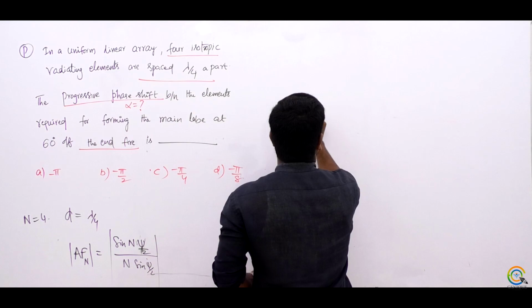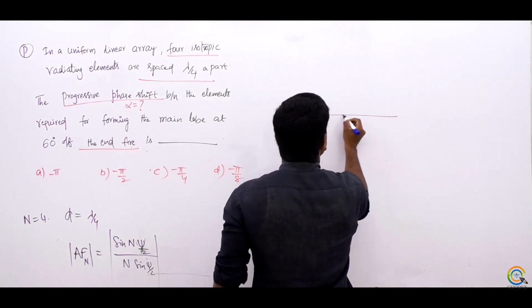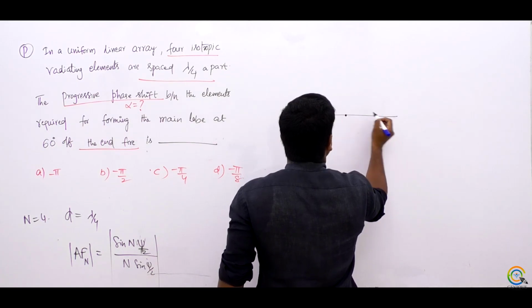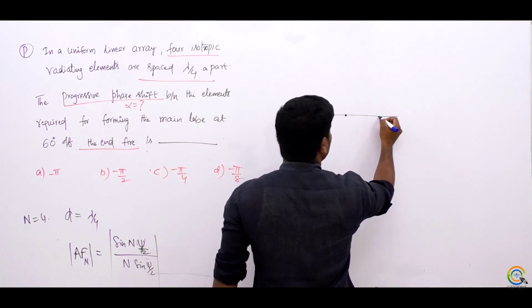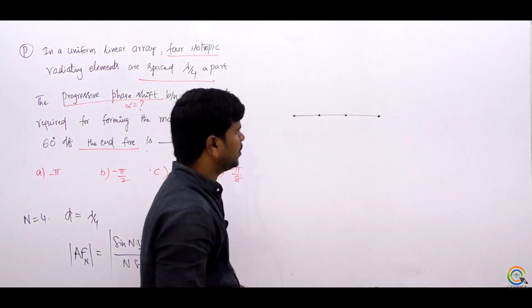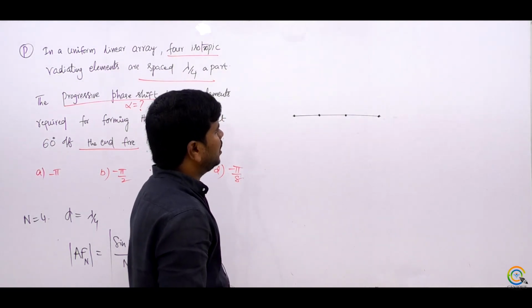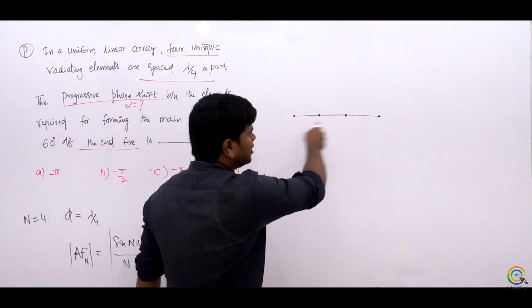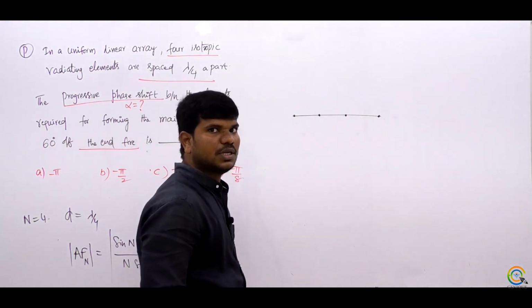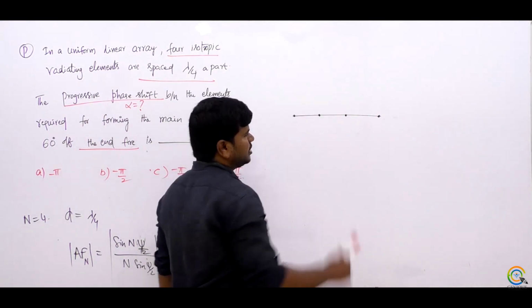Observe this: 4 elements, 1, 2, 3, 4 elements are there. These 4 elements are placed like this, and see, this is the axis. So this is the antenna axis.